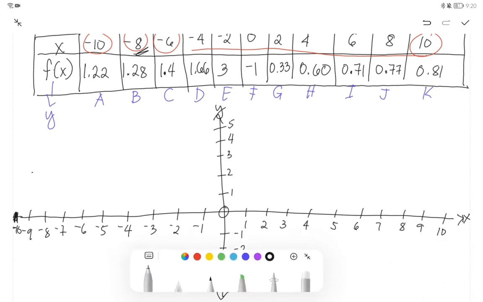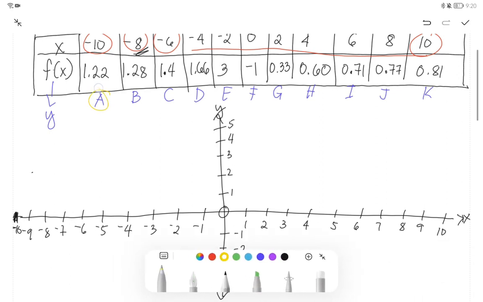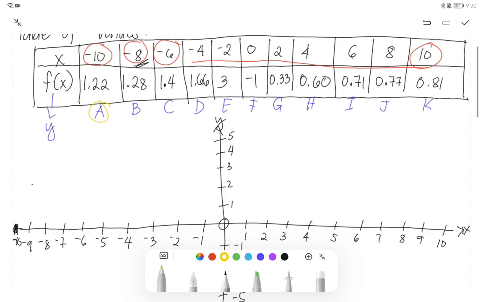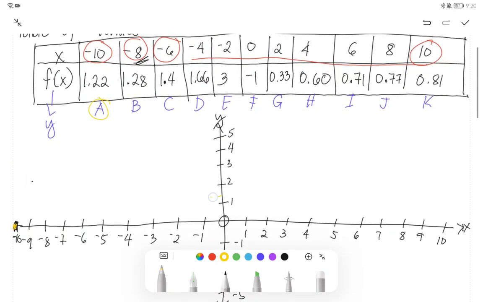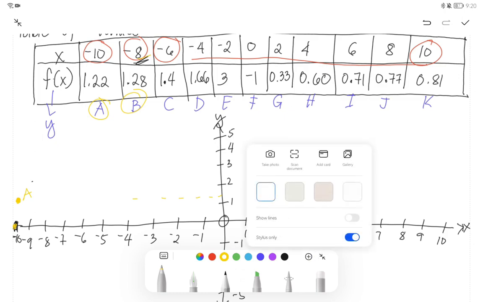Now let's plot first A. The x is negative 10 and y is 1.22. That is letter A. Now let's have letter B. Letter B here is negative 8 and 1.28.